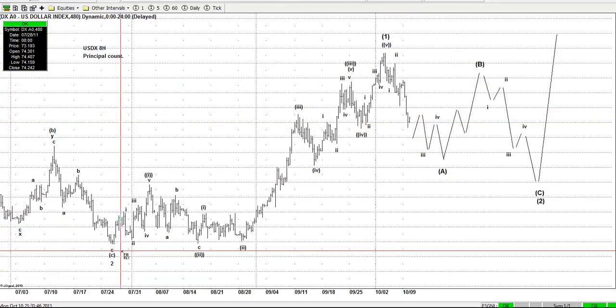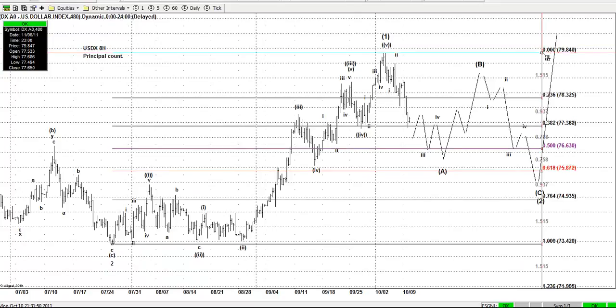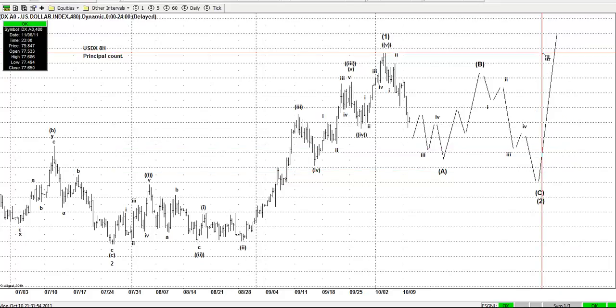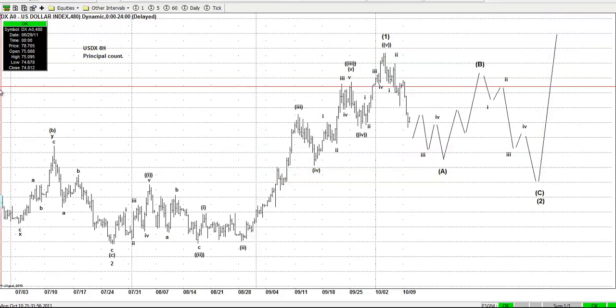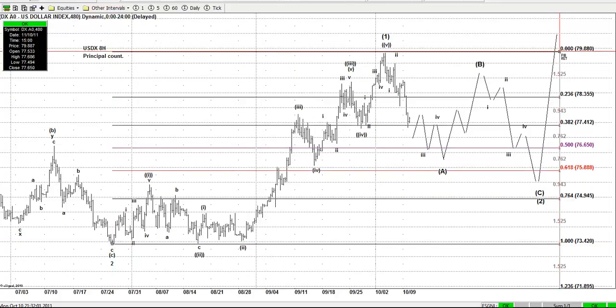If you take the 38.2 from here, it's around the 38.2 area that we've been mentioning since last week.